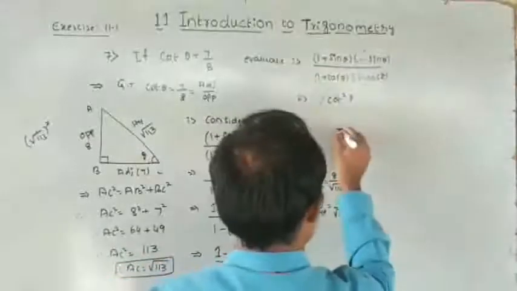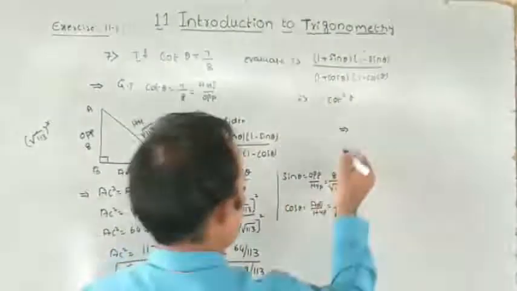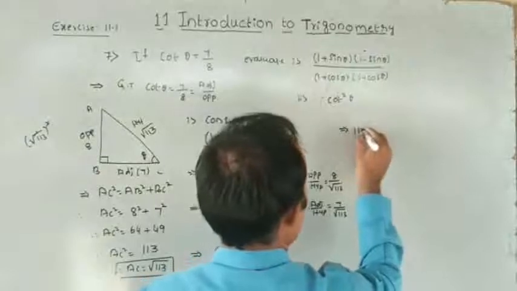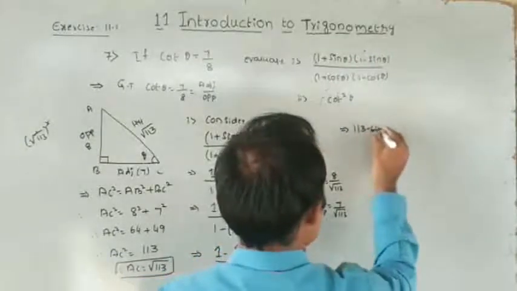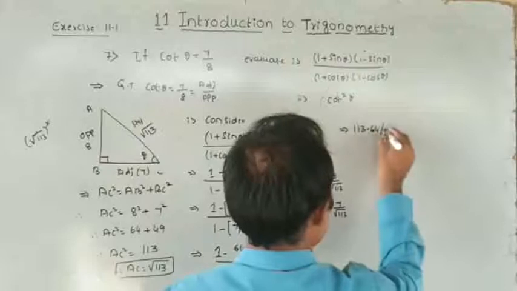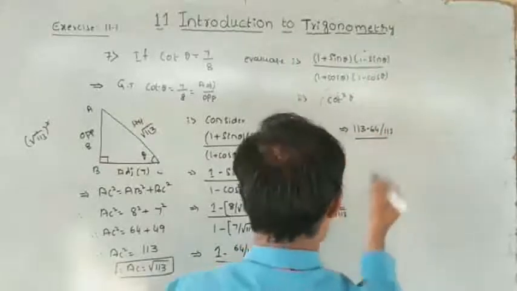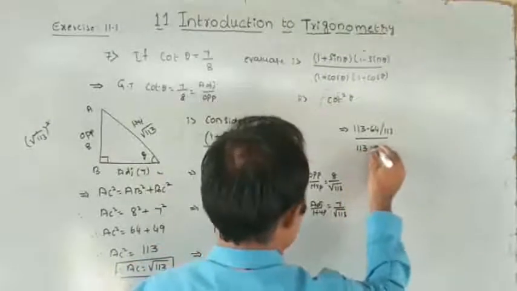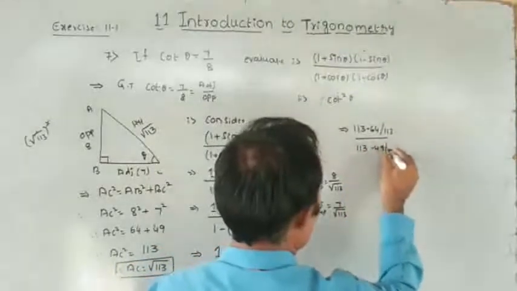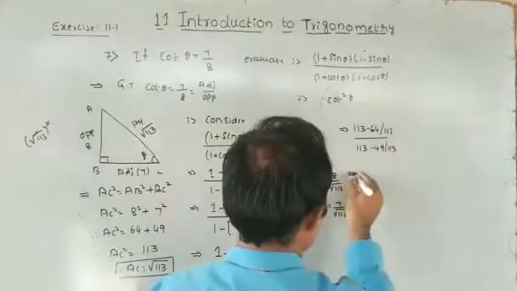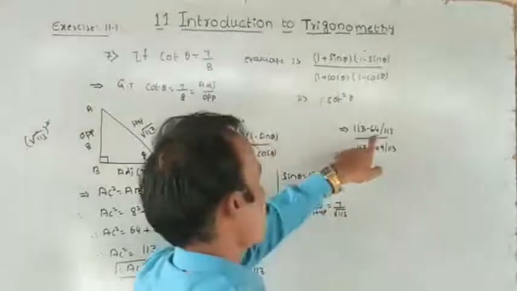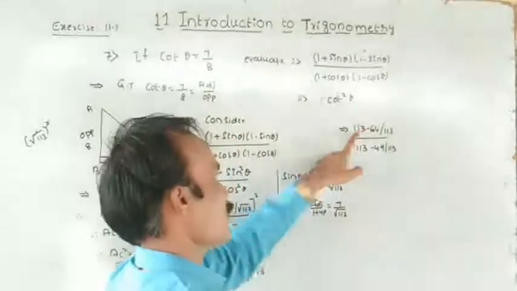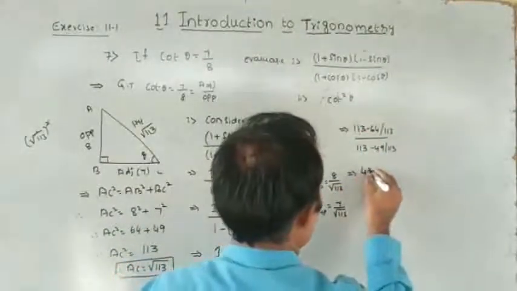Take the LCM, 113 is the LCM, so what will you get, 113 minus 64 divided by 113, and in the denominator 113 minus 49 divided by 113.